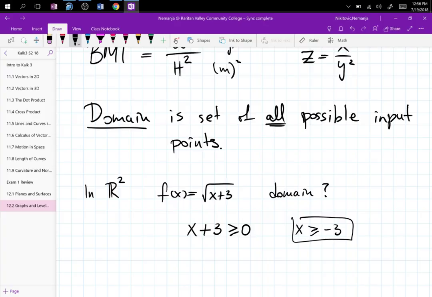So if you are using, let's say, 6, then 6 plus 3 is 9, square root of 9 is 3. If you are using, let's say, -2, 3 plus -2 is +1, square root of +1 is 1. So you are not allowed to use any numbers smaller than -3.